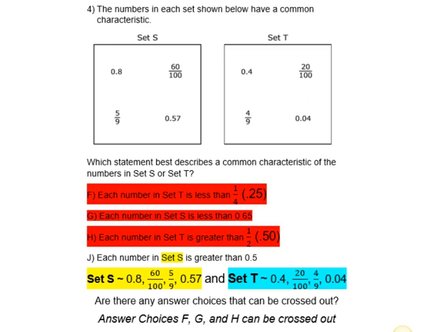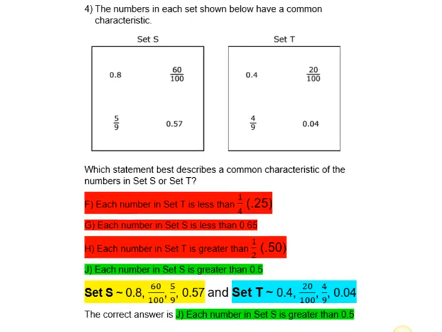You don't have to see if each one of them does. If one is wrong, that means the answer choice is wrong, period. Okay? So our correct answer is J. Each number in set S is greater than 0.50.